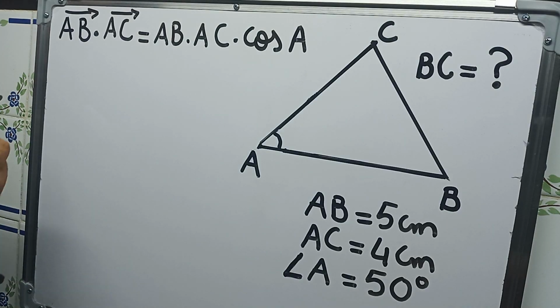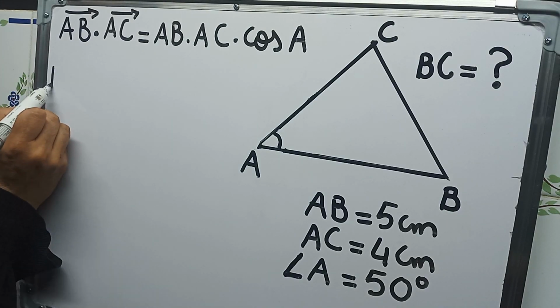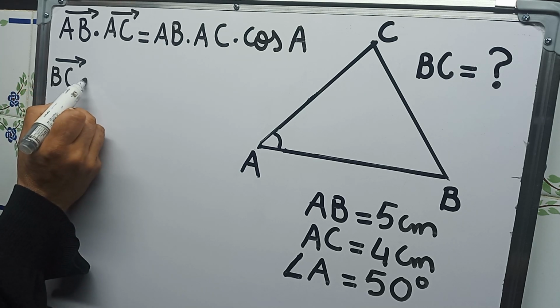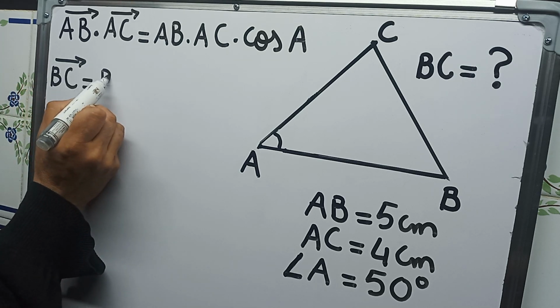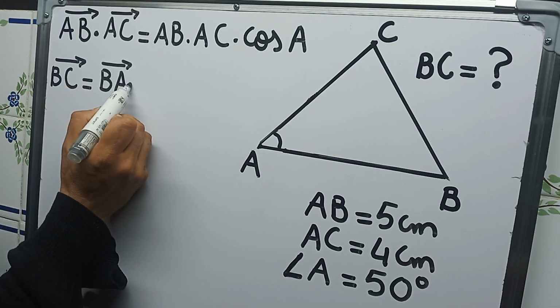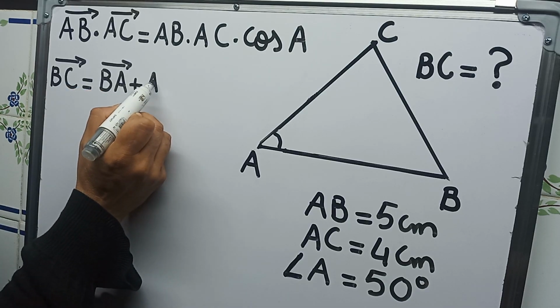And we have the vector BC. The vector BC is equal to BA plus AC.